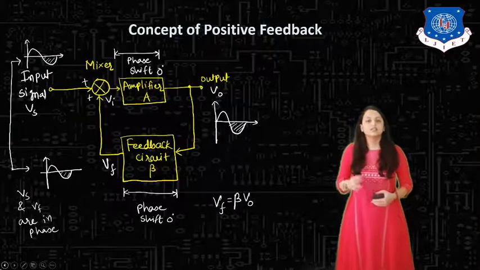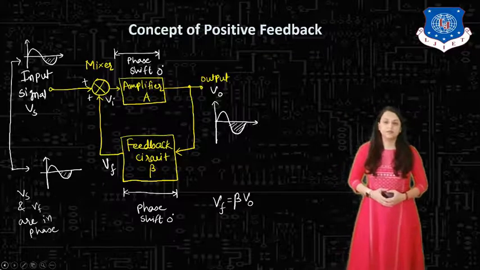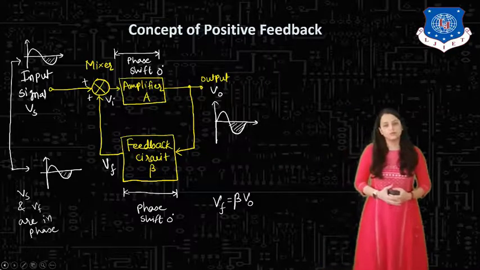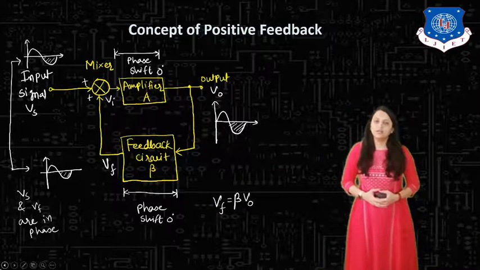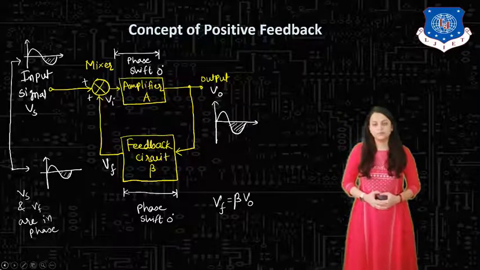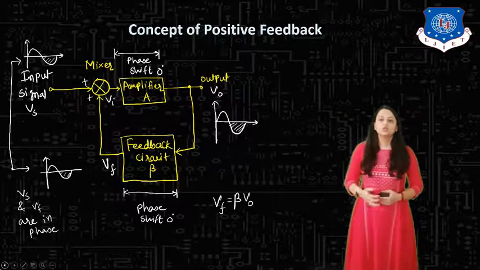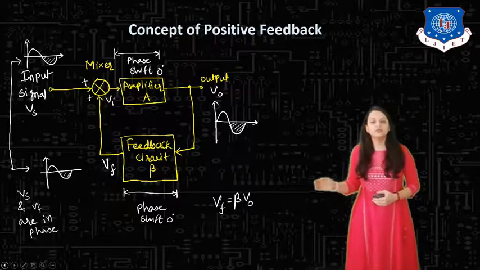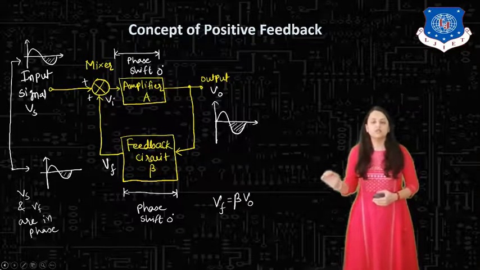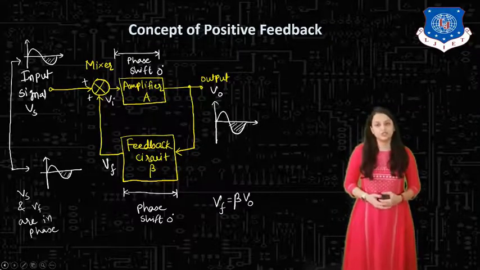Now let us see the concept of positive feedback. Here in this diagram, there are two blocks. The first block is the amplifier block and the second block is the feedback circuit block. To the amplifier block, the input signal is given. The input signal has the voltage value Vs, that is the source voltage.